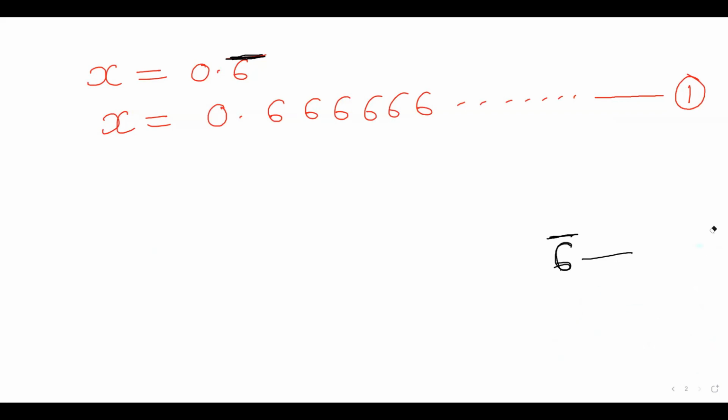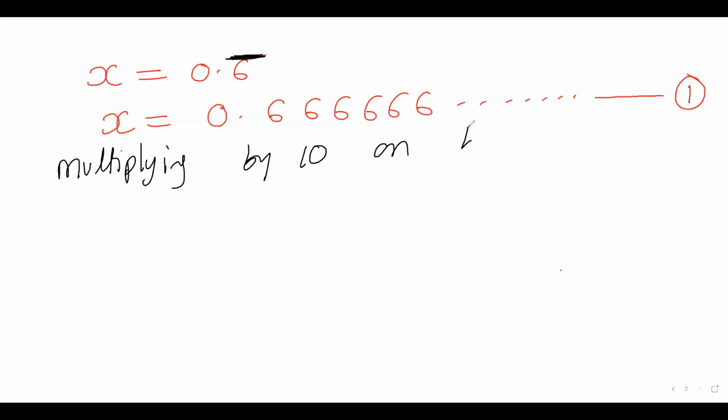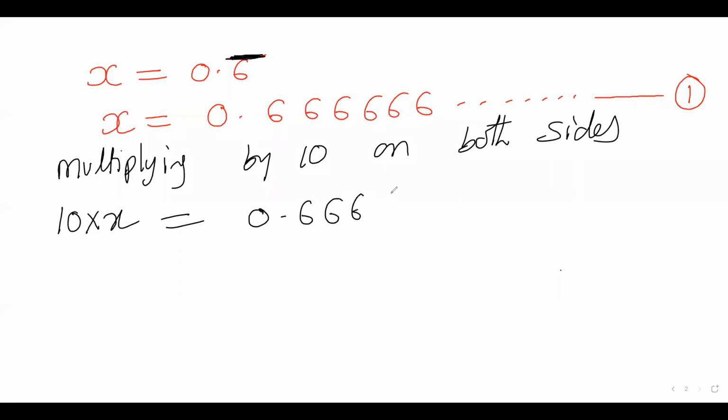Here, I observe that the bar is given for 1 digit, so multiply by 10 on both sides. On the left hand side 10 is multiplied, in the same way on the right hand side also 10 is multiplied. 10 into x is 10x.